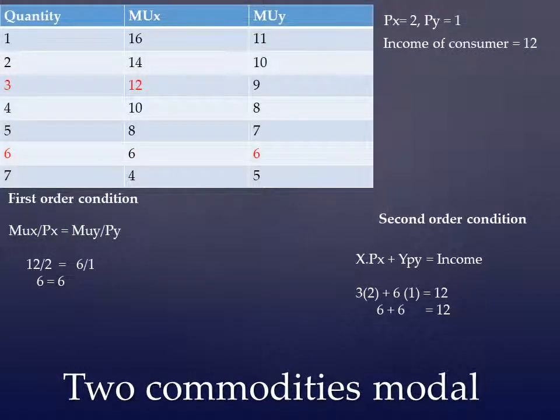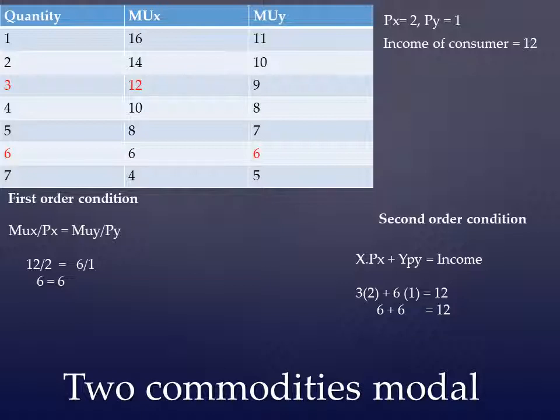Now we explain the Marshallian approach of the two commodities model with the help of this table. Suppose the income of the consumer is 12, the price of X is 2 and the price of Y is 1. Here, the consumer is consuming 3 of good X at price 2 while 6 of good Y at price 1.